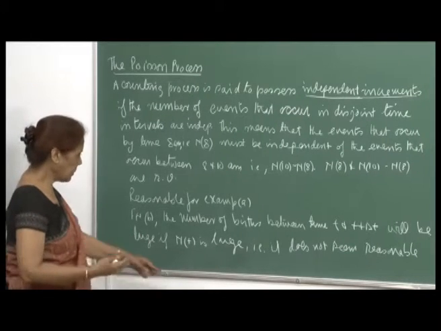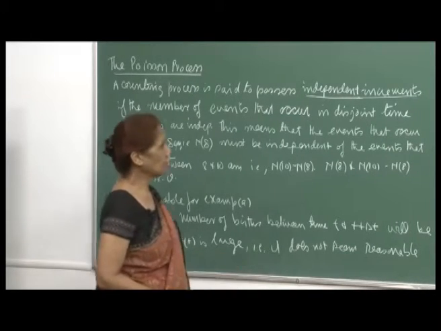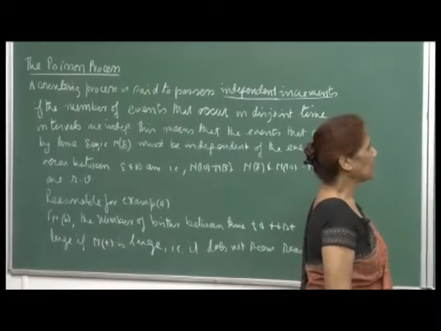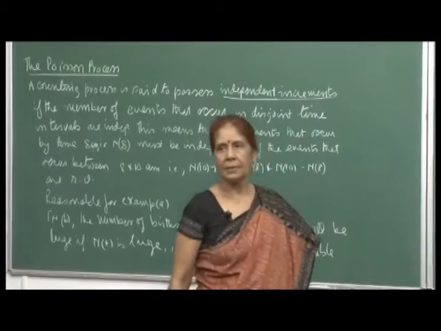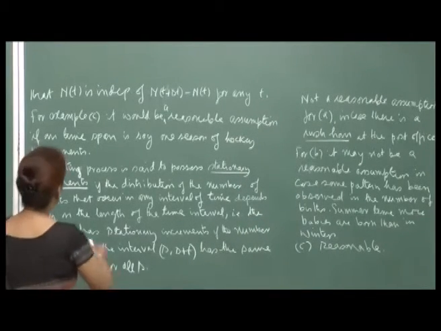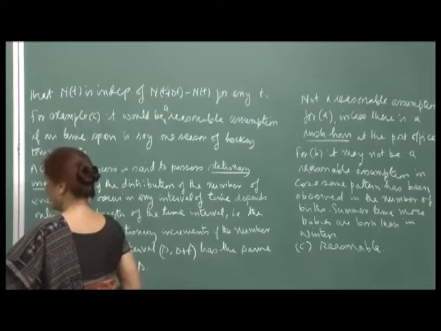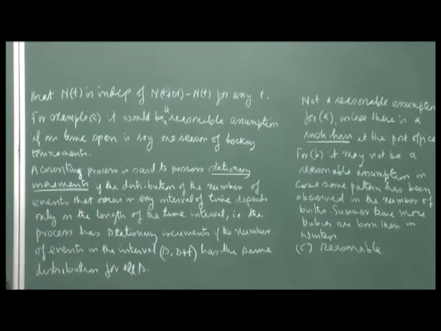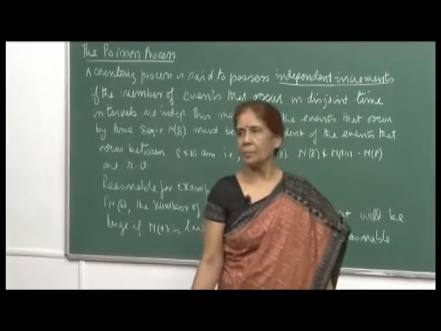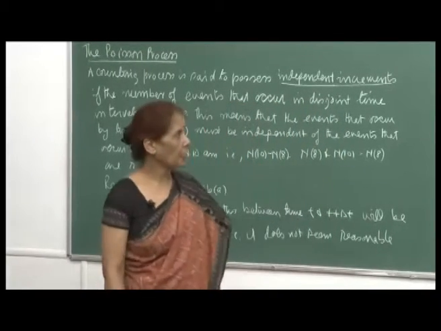So it does not seem reasonable that N(t) is independent of N(t plus delta t) minus N(t) for any t.